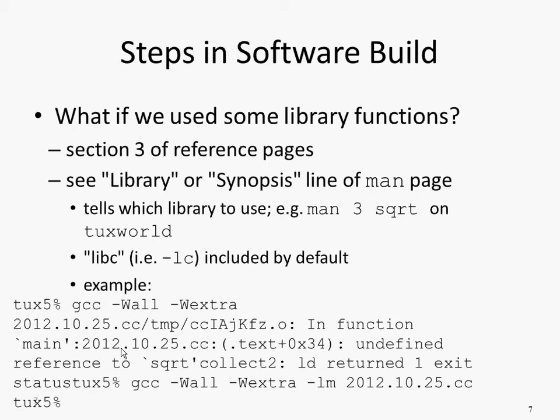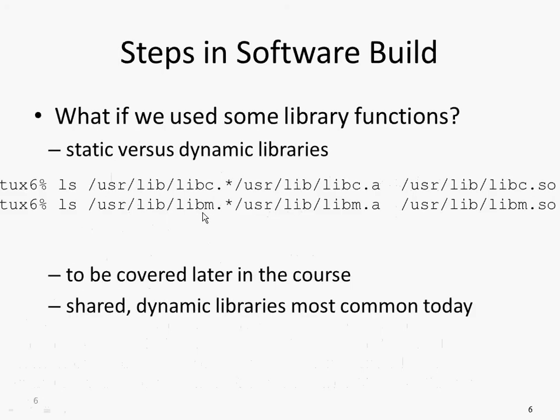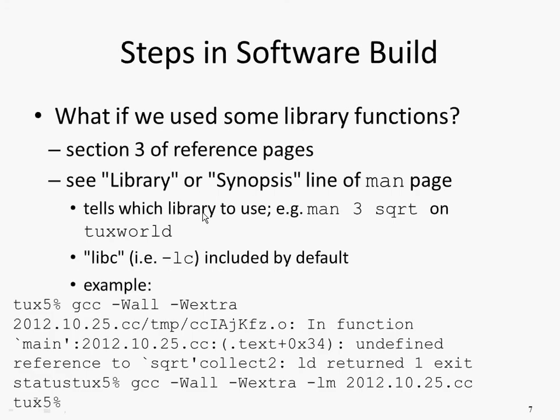So this -lm is an indication of where to look. It looks for libm as it's located somewhere, so it looks for this guy here to go find the code. It knows to do that because we said -lm, and so it goes there and finds square root just fine, and it's a happy camper. Okay?